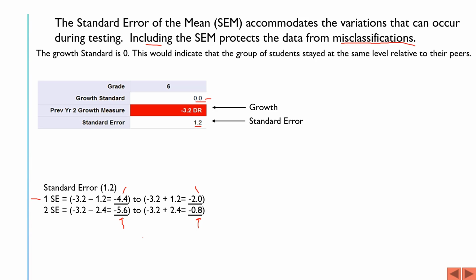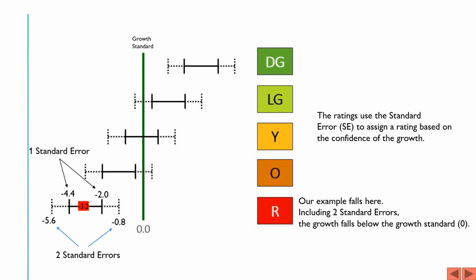Let's put that into the chart that they used to calculate the color coding. Now we're down here at the bottom with ours. So we see that starting with one standard error, the data can go as low as negative 4.4 to negative 2.0. That's our one standard error range.